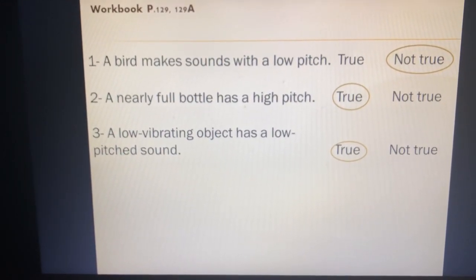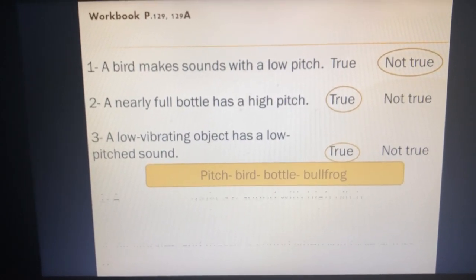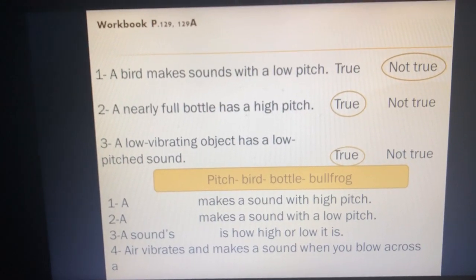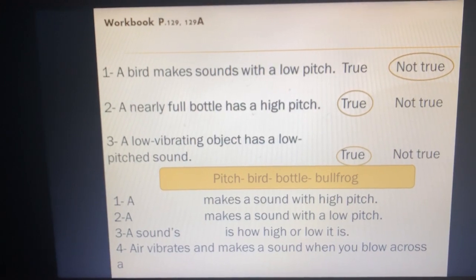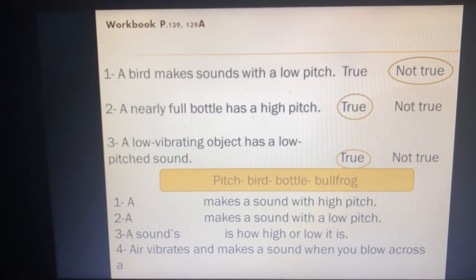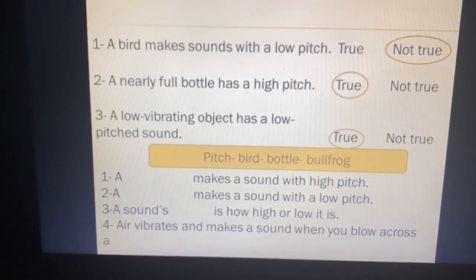Now, please, let's move to the next page, 129A. You will need to complete the sentences. Use pitch, bird, bottle, bullfrog. Number 1. A blank makes a sound with high pitch. So what do you think?